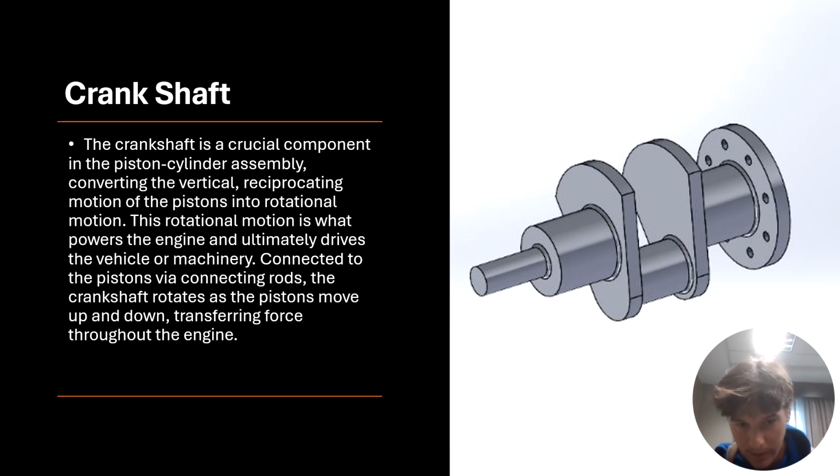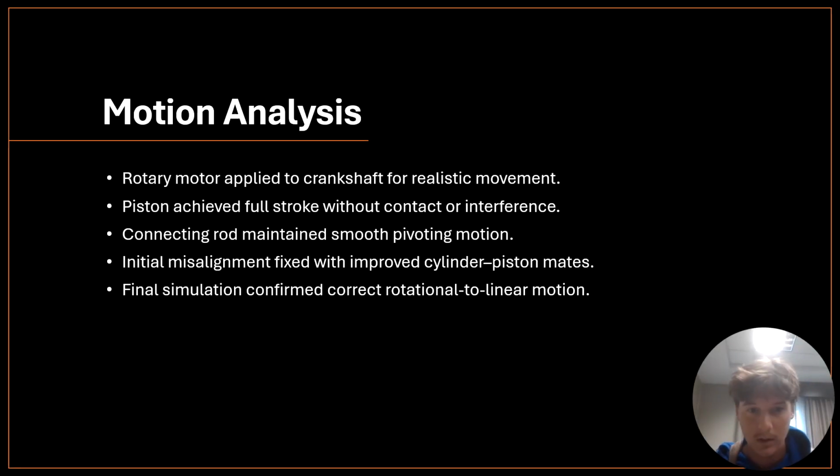But the crankshaft is a crucial component in the piston cylinder assembly, converting vertical reciprocating motion of the pistons into rotational motion. This rotational motion is what powers the engine and ultimately drives the vehicle or machinery connected to the piston via connecting rods. The crankshaft rotates as the piston moves up and down, transferring force throughout the engine.